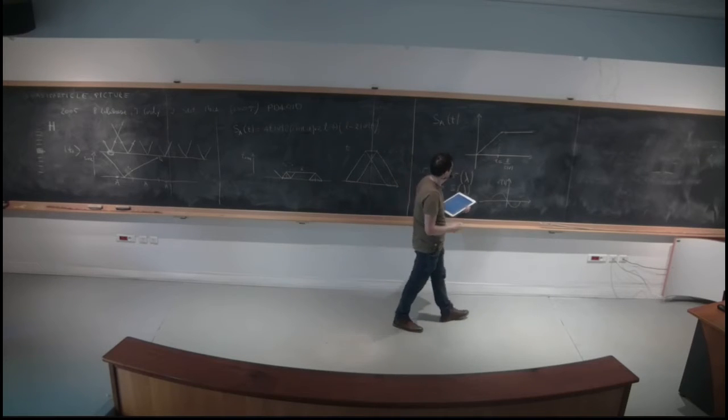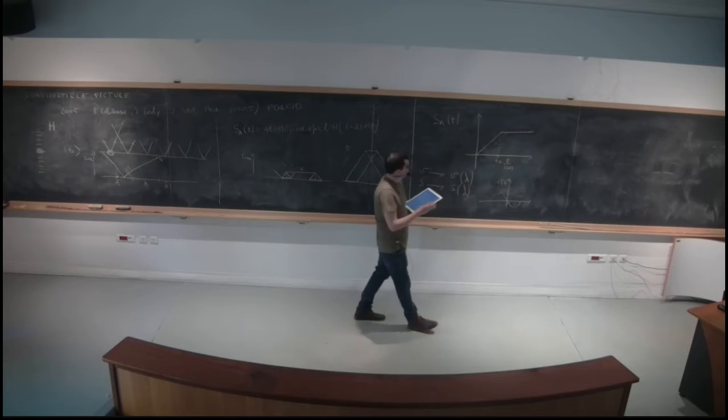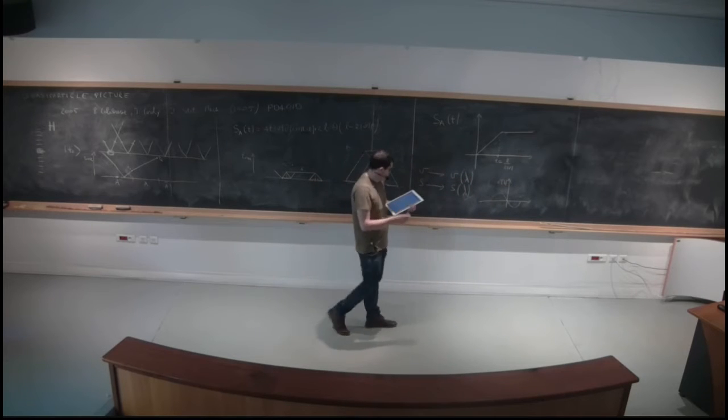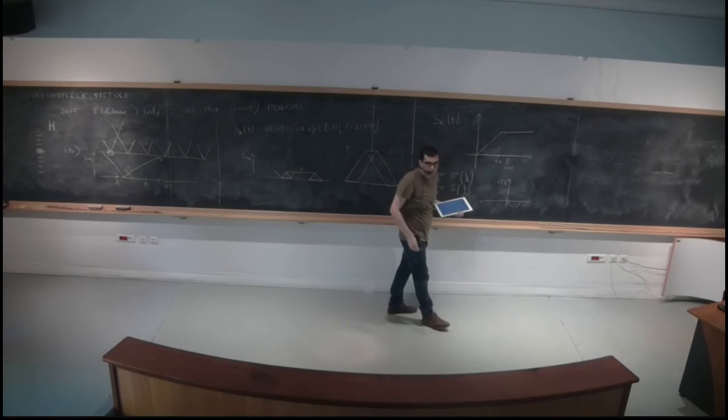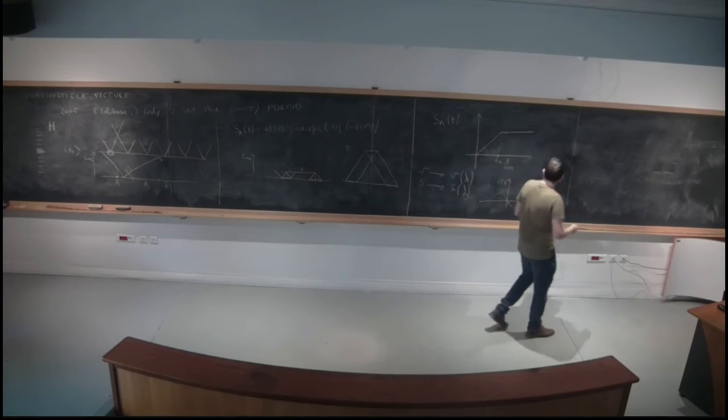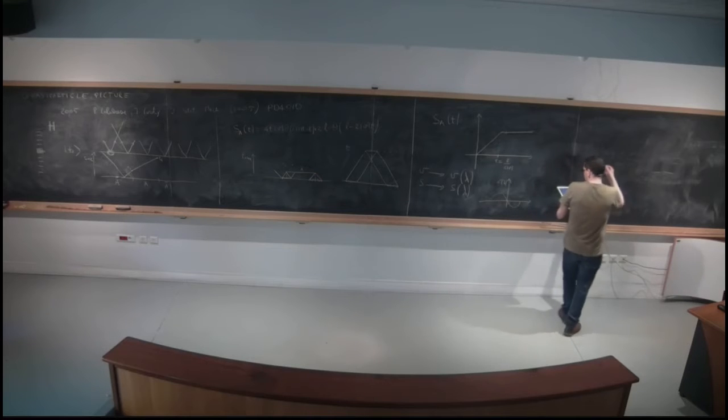Now, all quasi-particles are independent. So we can repeat this exercise for each type of quasi-particle at fixed lambda. And so what we end up with is basically this.